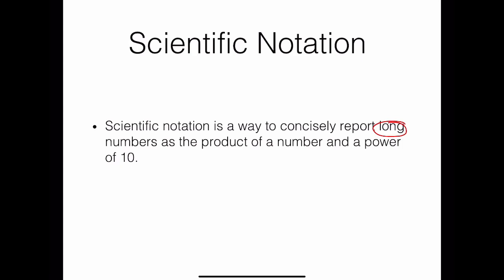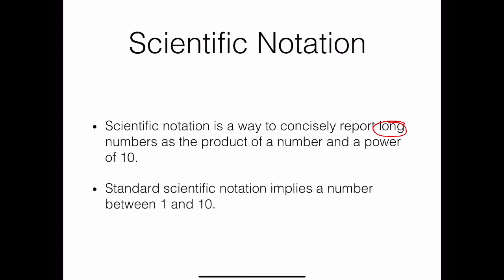So we want to talk about what each of these pieces mean. And this first part where we're looking at a product of a number, we're using scientific notation to start us off by saying that number is between 1 and 10. Now, scientific notation can be written for numbers that are not between 1 and 10.